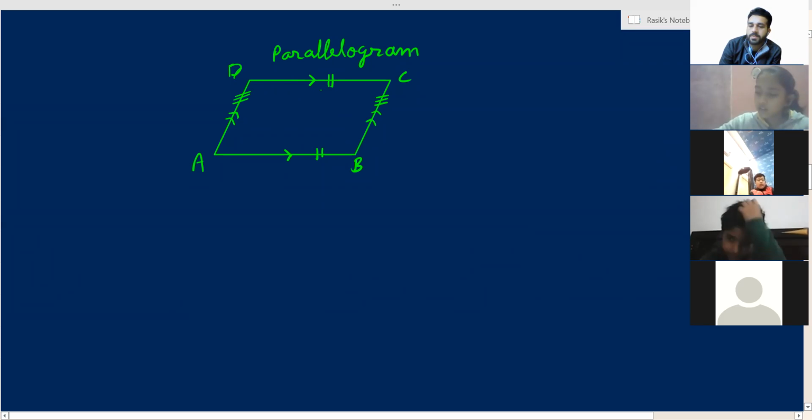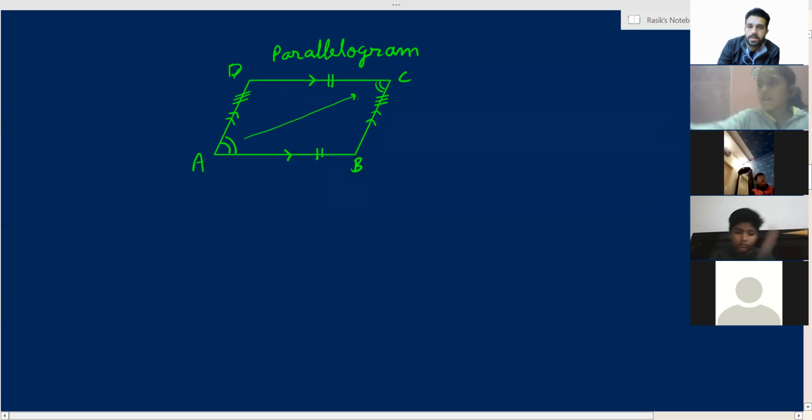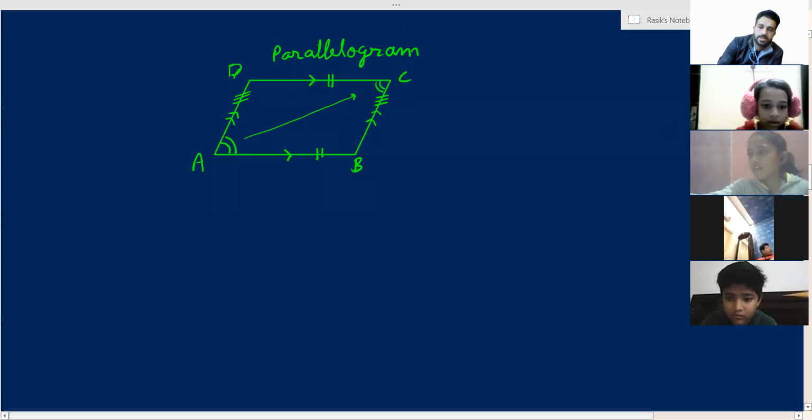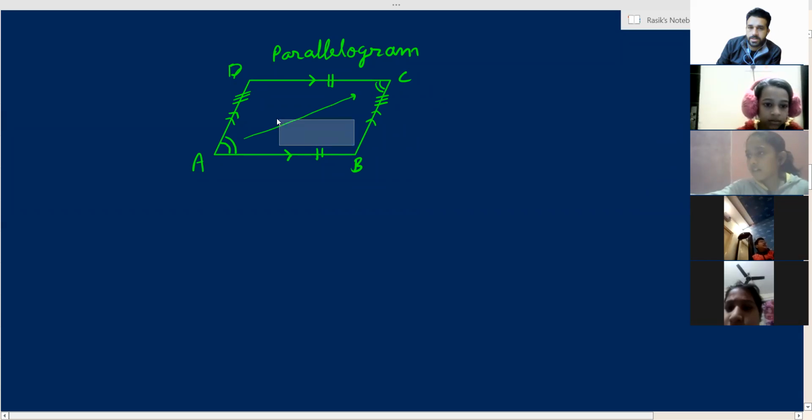So a parallelogram has opposite sides parallel and opposite sides equal, and the property of angles of a parallelogram is that opposite angles are equal. For example, angle A, and which angle is opposite to angle A? Do you know what opposite means? Who lives opposite to your house? That is, who lives in the house in front? So who lives opposite angle A? Sir, angle C. Angle C. So angle A and angle C, opposite angles, are equal.